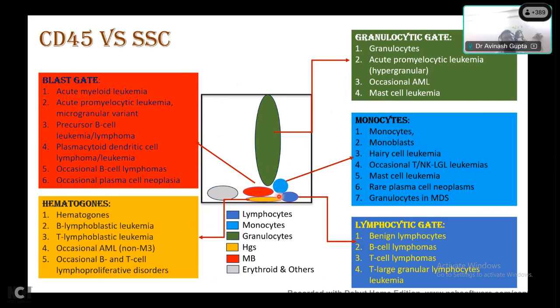Again, in this region you will find your basophil population, your NK cells, and your PDCs. So plasmacytoid dendritic cell neoplasm may sit here. If you are well versed with this plot, and you see it again and again with various analyses and various tumors, you will start recalling that, yes, this population is sitting here.